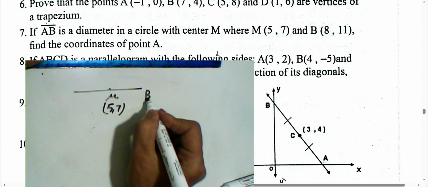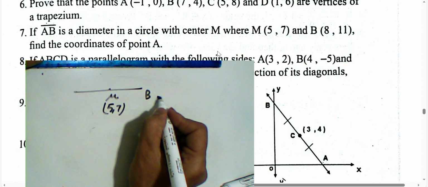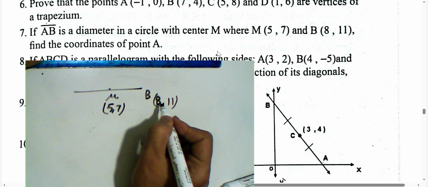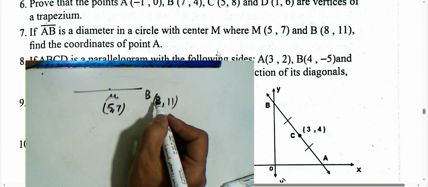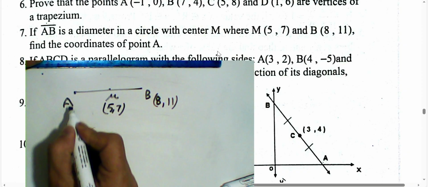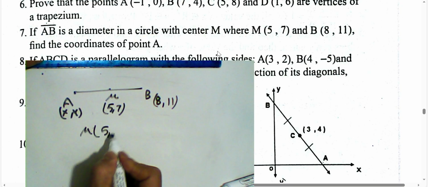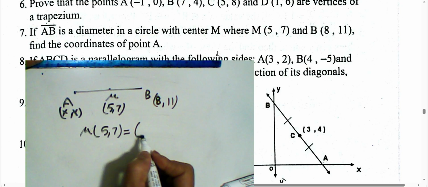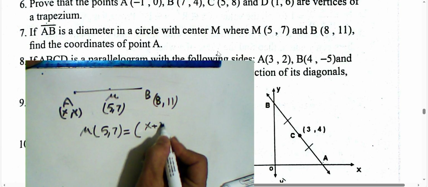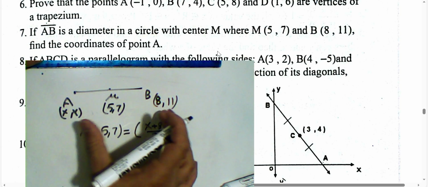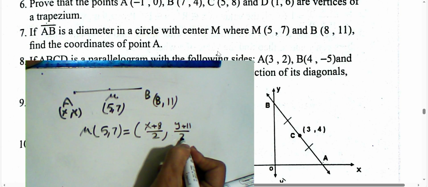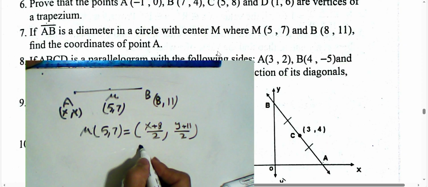Point B is (8, 11). We want to find the coordinates of point E. I will write X and Y. Start with the midpoint 5 and 7. Write X plus 8 divided by 2 and Y plus 11 divided by 2.